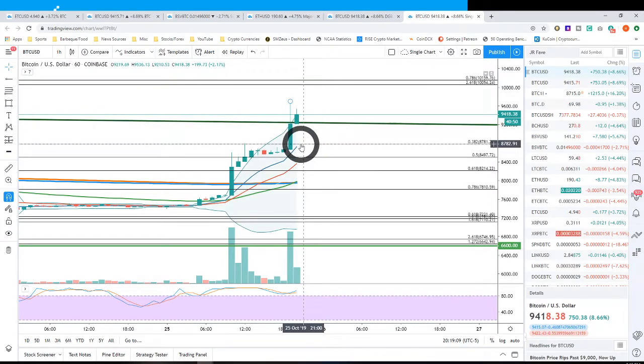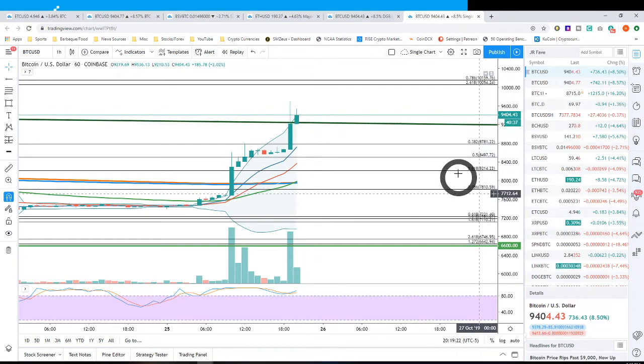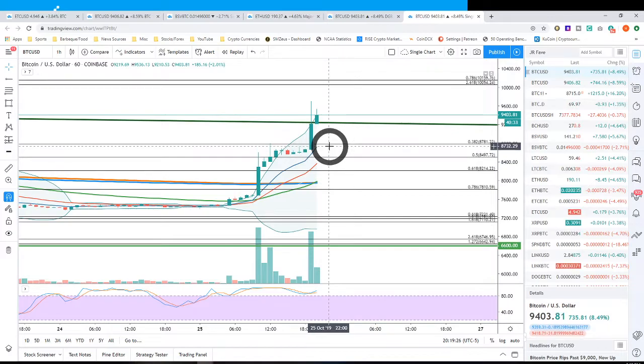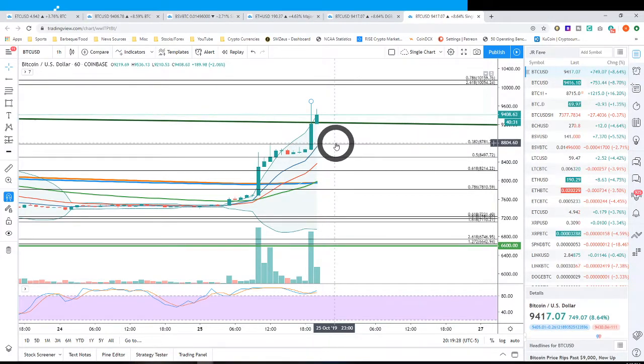Still got your 10 EMA down here at 87.82. So just be on the alert for a retrace. Be on the lookout for retracements. Let's just watch.